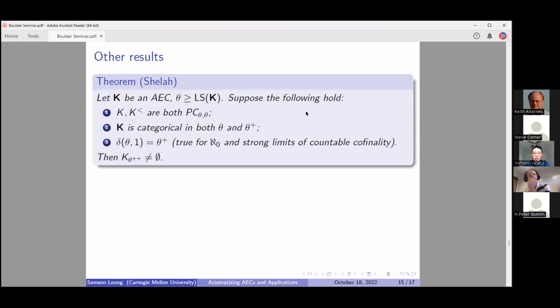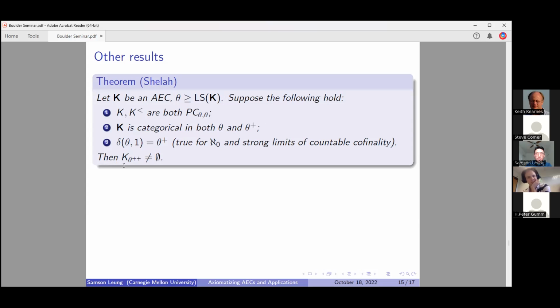The second assumption is categoricity in both theta and theta plus. The third assumption is the crazy ordinal delta applied to parameters theta and 1 if it is equal to theta plus.